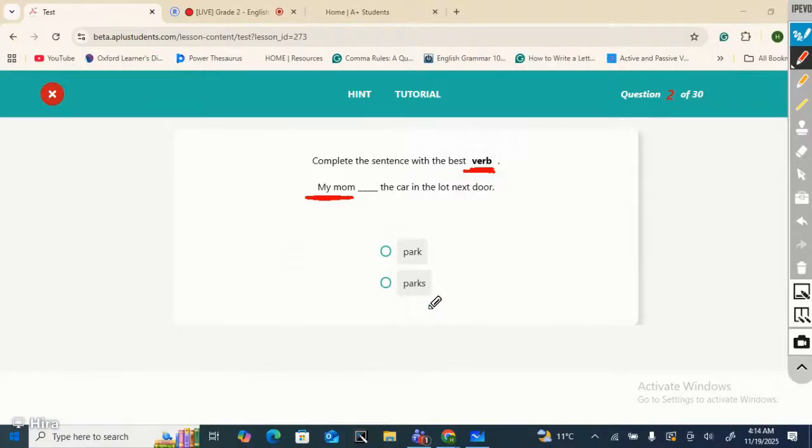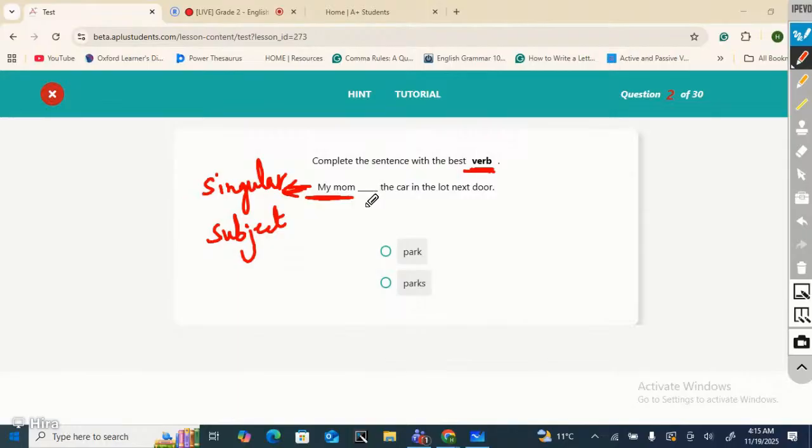Park or parks. Let's decide what kind of subject this is. My mom. Is this the name of one person? Yes, it names one person. It is a singular subject. If the subject is singular, what kind of verb would it use? Yes, it would use a singular verb, right?